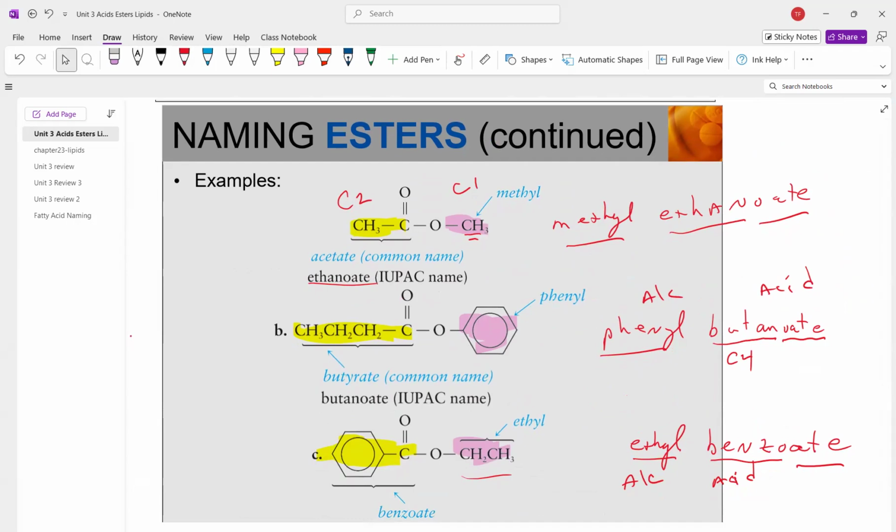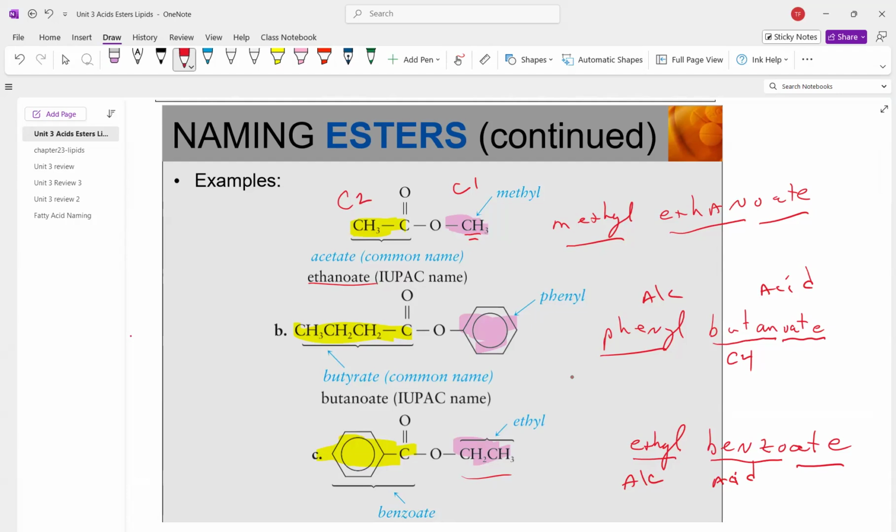Okay, with esters naming, you always name the alcohol part first. So in this case, it starts from a 1 carbon alcohol. So that's going to be a methyl group.